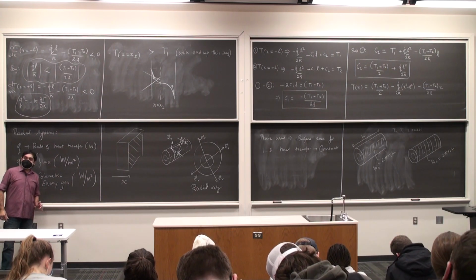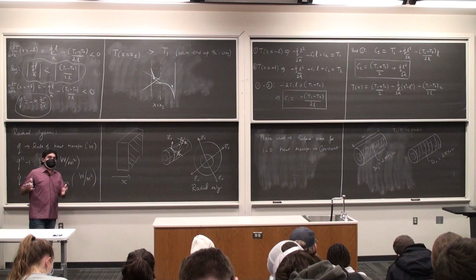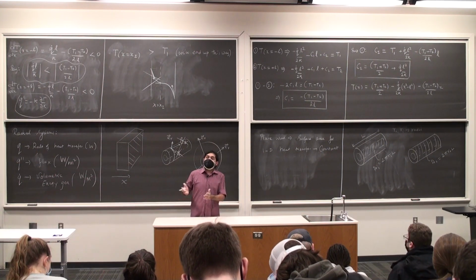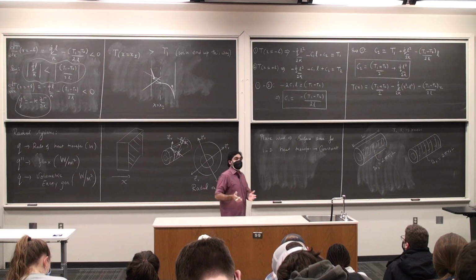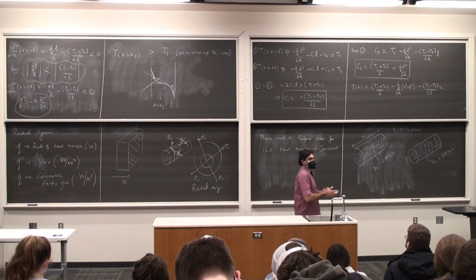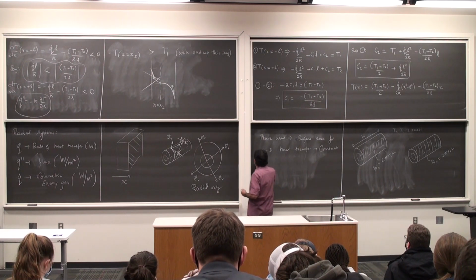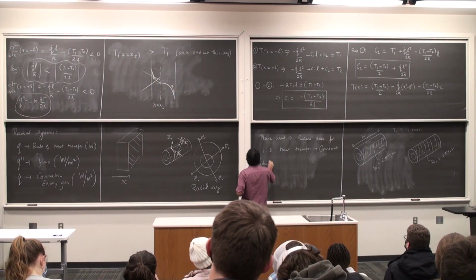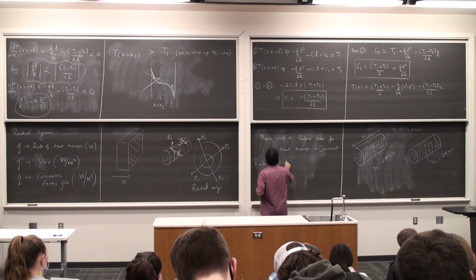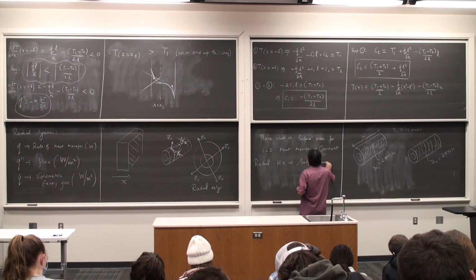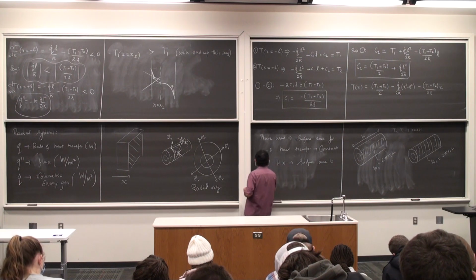Same goes for spherical bodies as well. For spherical bodies, surface area is 4 pi R square. So at the inner radius, it's 4 pi Ri square, and at the outer radius 4 pi R naught square. No big difference. So for radial heat transfer, surface area is a function of radius.